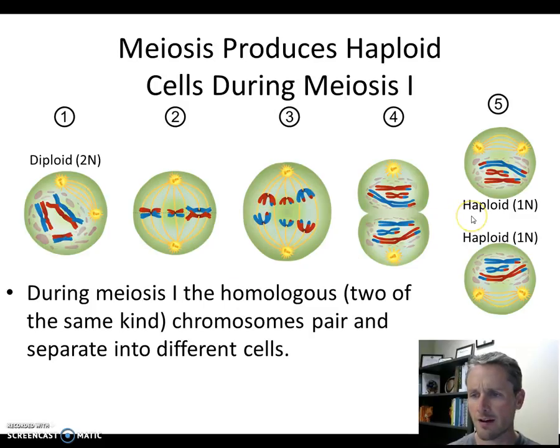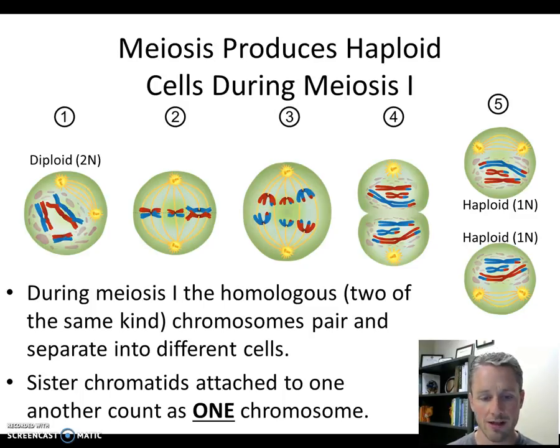And the one confusing point that some students have, I'll point out, is that they look in this cell after meiosis 1 and they go, wait, that large chromosome is made of those 2 sister chromatids. And I want to point out that we count chromosomes as 1 if the 2 sister chromatids are still attached to one another.